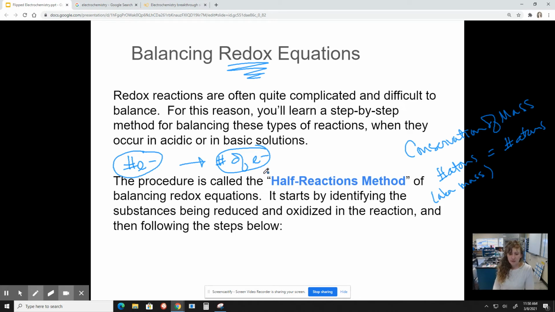And so we talked about one method of doing this, which is the half reaction method. Now, because this is review, we're not going to spend a whole lot of time doing the half reaction method, but I do want to go through one example. Also, the half reactions method is not usually tested on the AP test. It's at least not tested extensively.